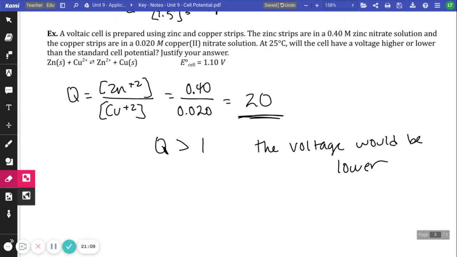So our voltage is going to be lower because we don't have that driving force of our reactant to make our reaction happen. So our cell potential would be lower because we're already closer to equilibrium, and so our reaction is just not going to happen for as long.